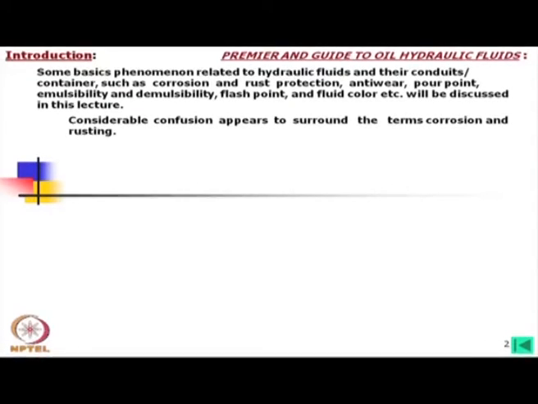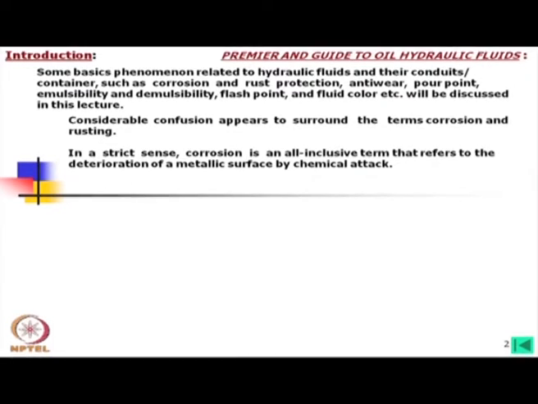Considerable confusion appears to surround the terms corrosion and rusting. In a strict sense, corrosion is an all-inclusive term that refers to the deterioration of a metallic surface by chemical attack.